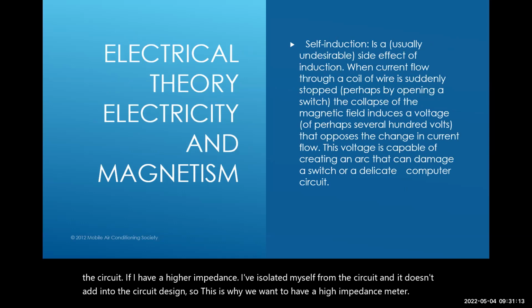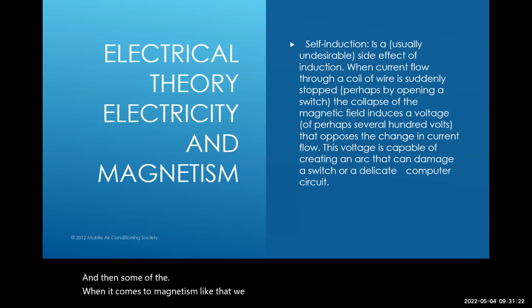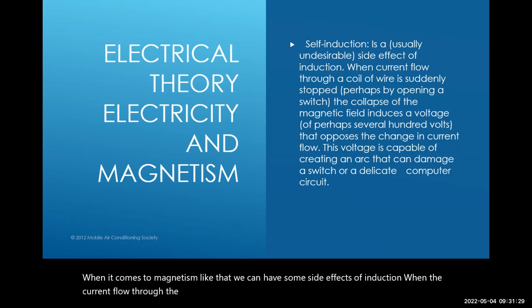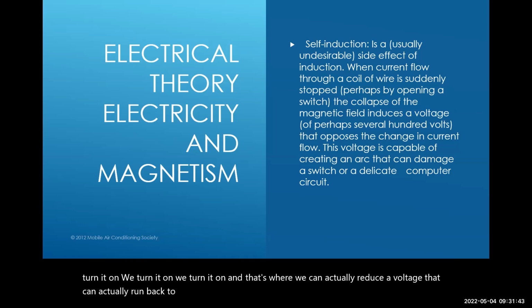And then, when it comes to magnetism like that, we can have some side effects of induction. When the current flow through the coil of wire suddenly stops, and we turn it on, we turn it off, we turn it on, that's where we can actually induce a voltage that can run back to the computer or a sensitive electronic component, and it can actually damage it.